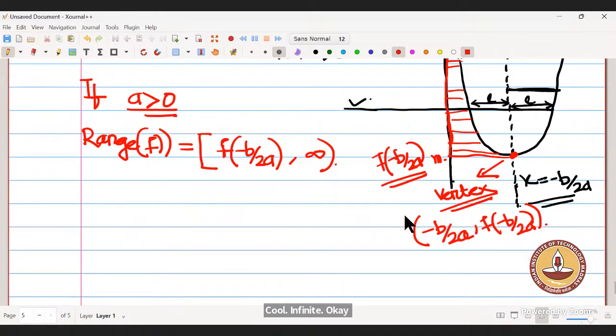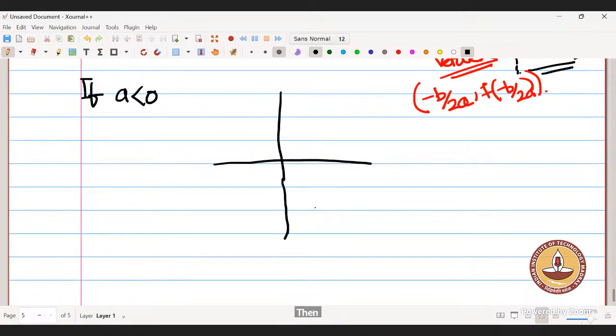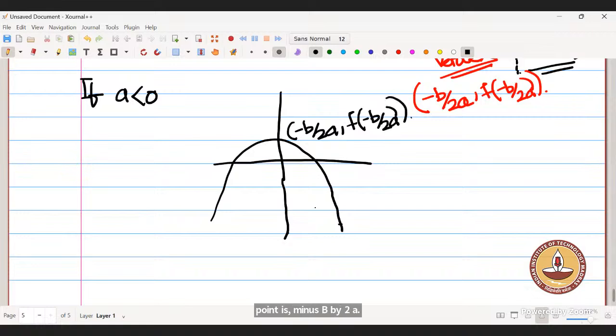And if a is negative, then I have a parabola like this, right? And this point is minus b by 2a, f of minus b by 2a, right?